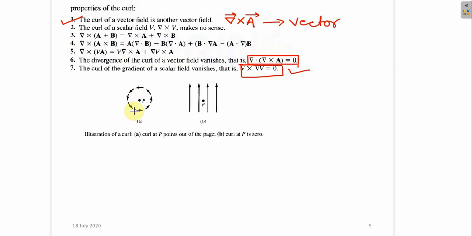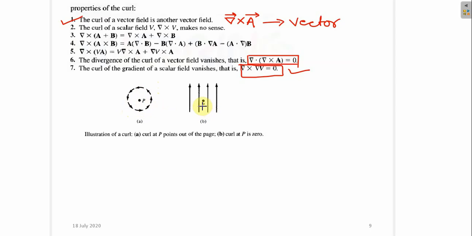What will be the direction? The direction will be anti-clockwise.